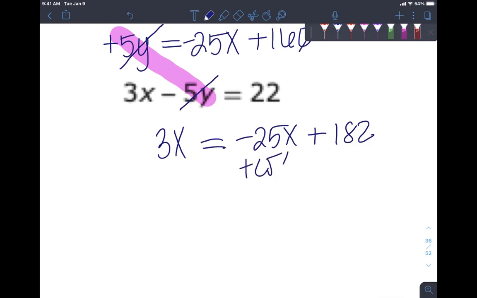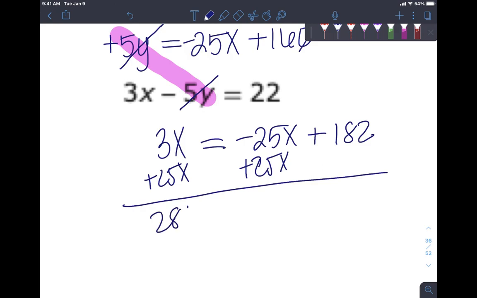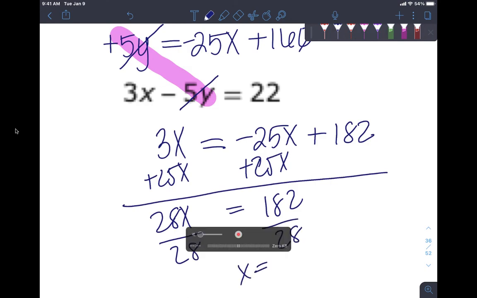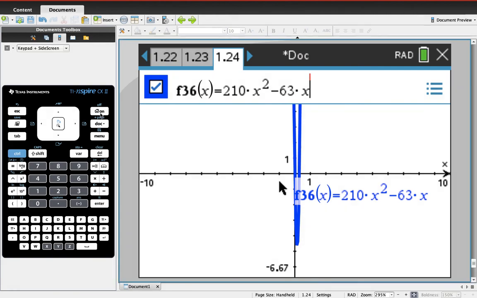So I'll move my 25x over. I'll go ahead and divide by that 28 to get rid of it. And I don't know what that is, so I'll put that in my calculator.